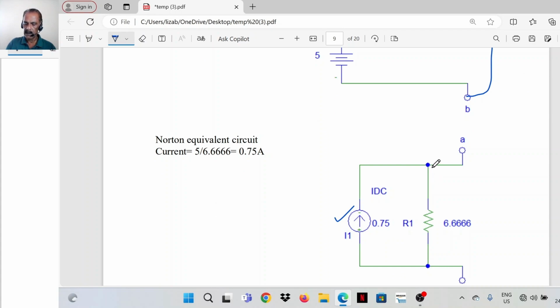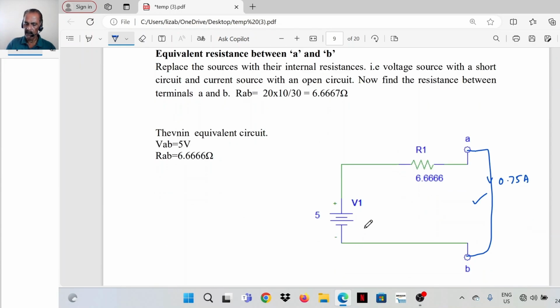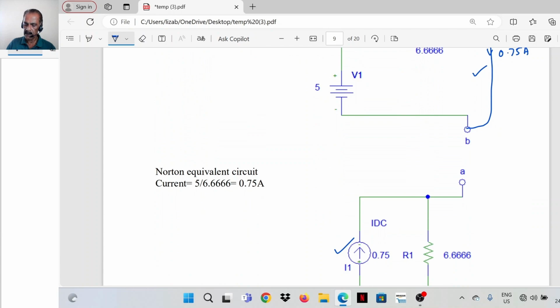And the equivalent resistance is the same resistor, 6.66, connected in parallel. So these two circuits are equivalent. That is 5 volt in series with 6.66, and 0.75 ampere in parallel with 6.66.